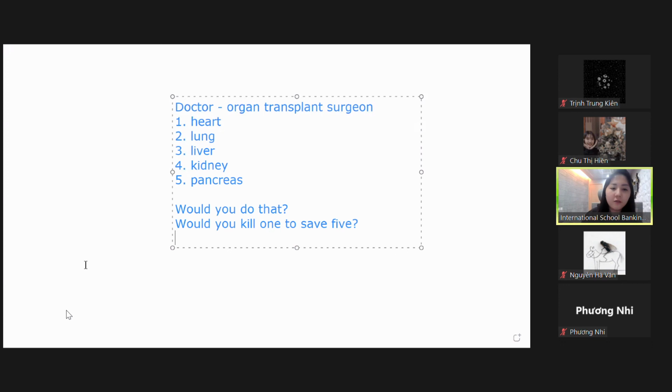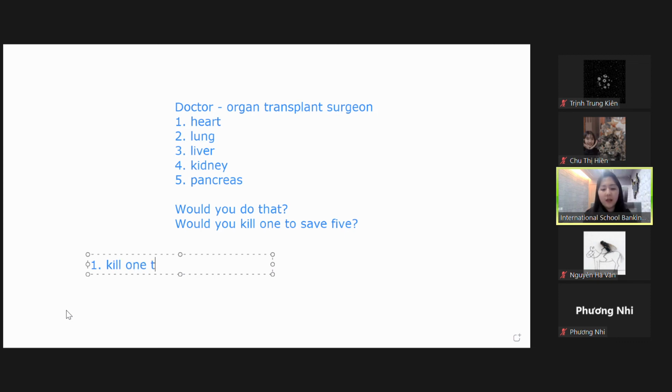In the first example, we came up with the conclusion that the right thing to do is to kill one to save 5, because we're looking at the consequences, the benefits over the cost. The benefit here is 5 people being saved, and the cost is 1 person dying.